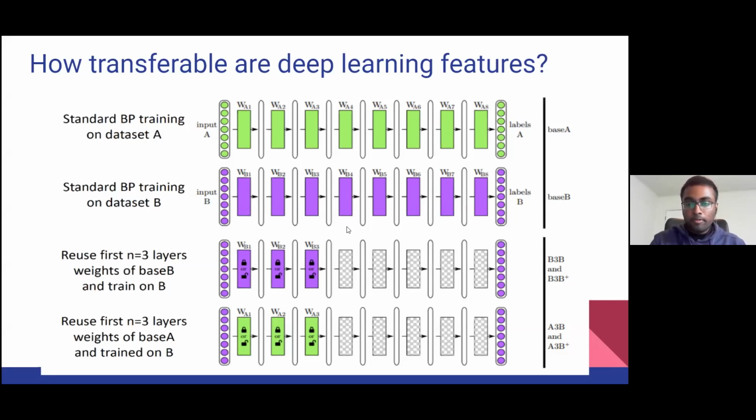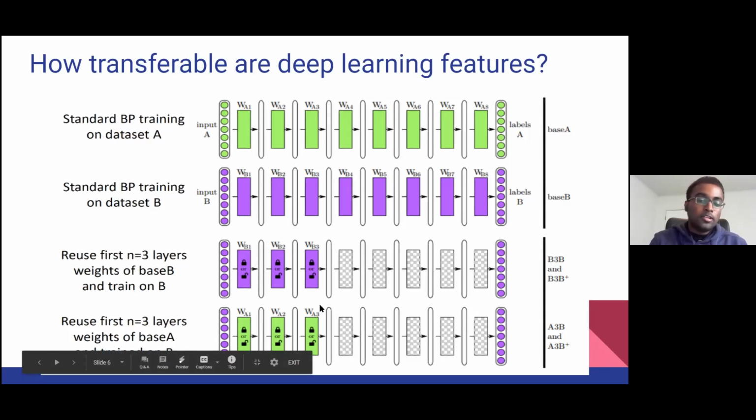The weights are copied from the base B network, and then the network is trained on the dataset. So there are 2 cases. That is, when these n layers are frozen and the 8 minus n layers are trained on the dataset B. And the second case is when the entire network is trained on the dataset B. So that is B3B and B3B plus.